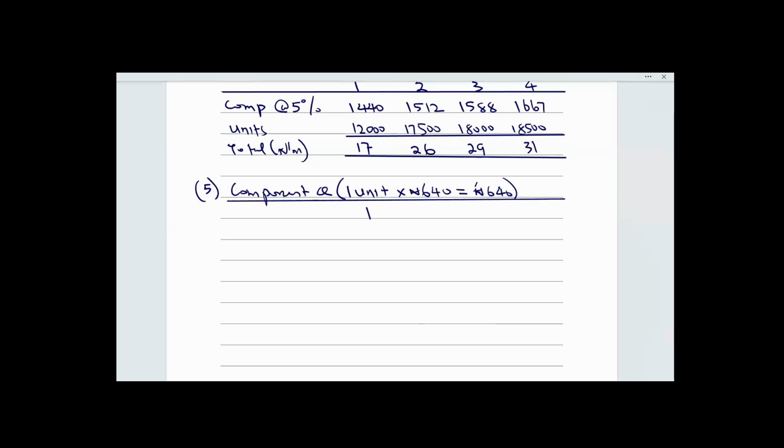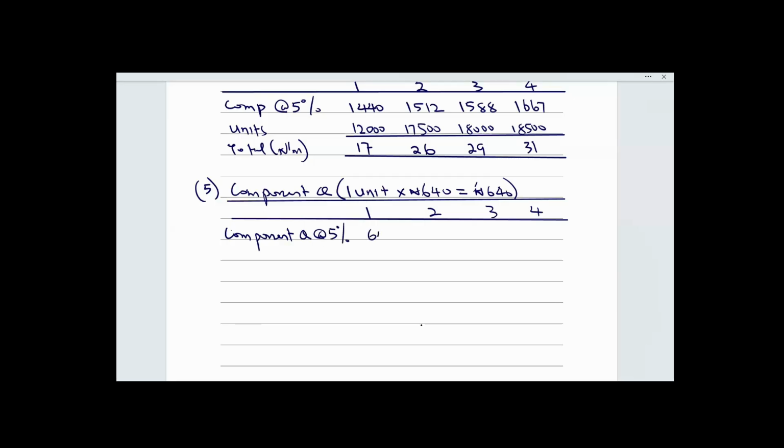So we do for year 1, 2, 3, and 4. So component Q at an inflation rate of 5%.